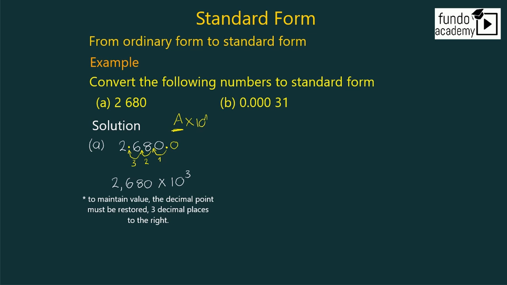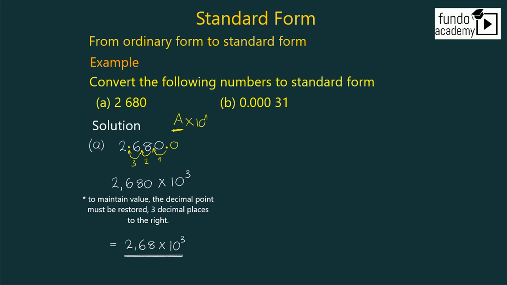So my solution can simply be written as 2.68 times 10 to the power of 3, and that is the number 2680 in standard form. That is how we handle the conversion from ordinary form to standard form.